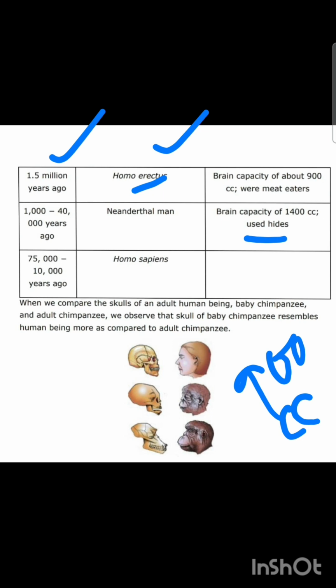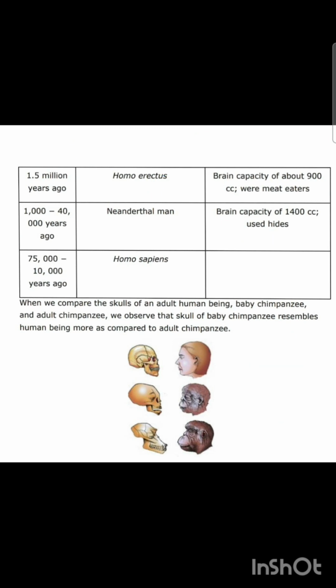Then about 10,000 to 75,000 years ago, Homo sapiens appeared on the earth. So this is human evolution. When we compare the skulls of an adult human being, a baby chimpanzee and an adult chimpanzee, we observe that the skull of a baby chimpanzee resembles a human being more than that of an adult chimpanzee. So somehow we are connected with each other. So it is all about evolution.